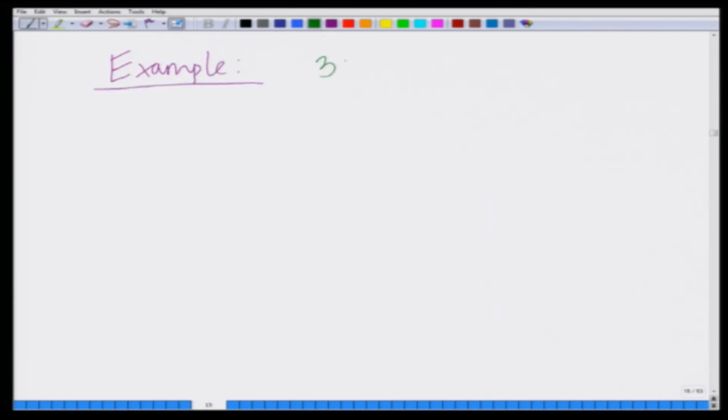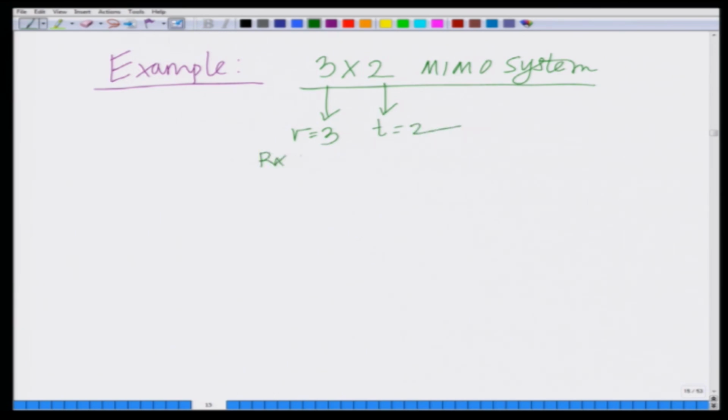Let us consider a 3x2 MIMO system, that is a MIMO system with R equal to 3 receive antennas, T equal to 2 transmit antennas.